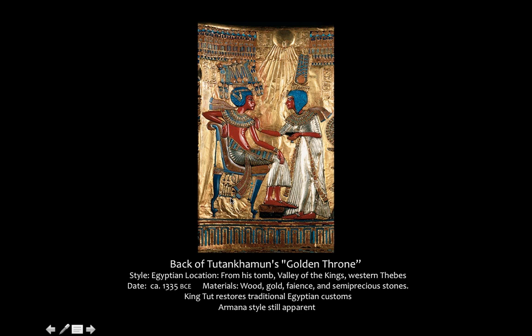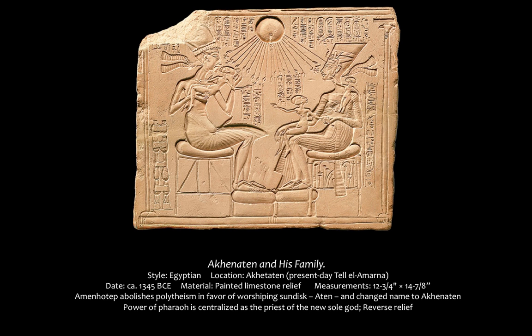But notice that the style sticks around, because King Tut here has the same kind of relaxed Amarna style that we saw with Akhenaten. And there's also this reference to the sun disk here as well. And he's featured here with his wife as well. So very much the artist of this chair where this is inscribed on the back definitely would have known this earlier work of Akhenaten, because there's lots of references here.